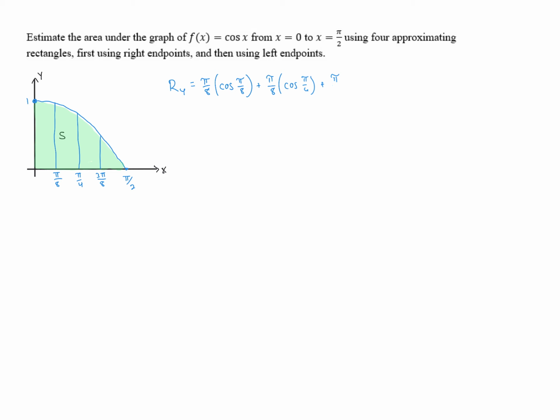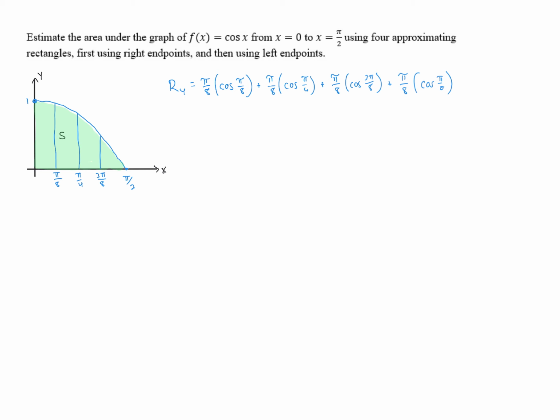And then plus pi eighths times cosine of the next right endpoint, which is going to be 3 pi over 8. And we said the last height was going to be 0, but let's actually write this out as cosine of pi halves, just so we have everything written down nicely.